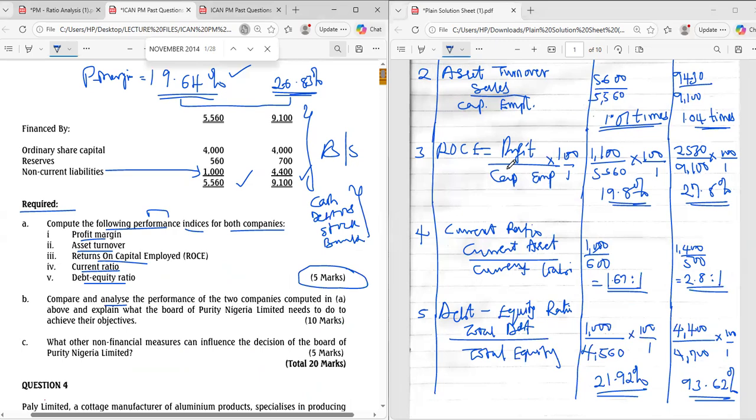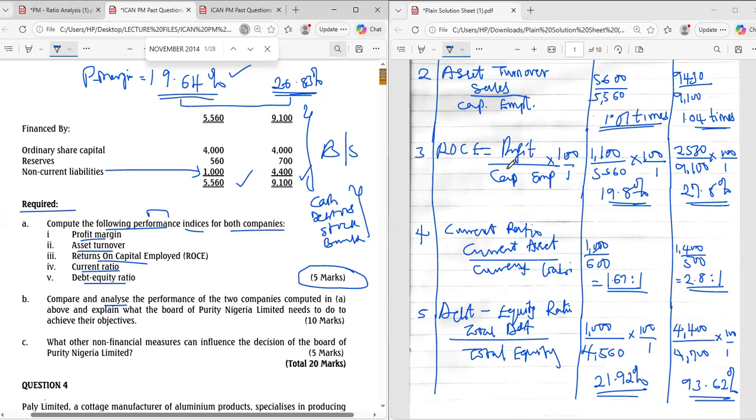Sir, please, this 93.62 is highly geared. If I am asked to recommend what to do for this benchmark in the exam, what should we say? I didn't get your question.